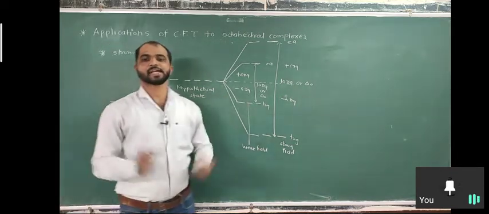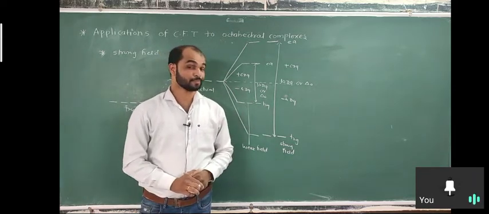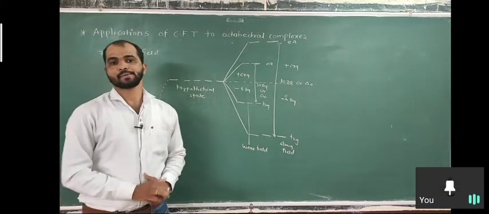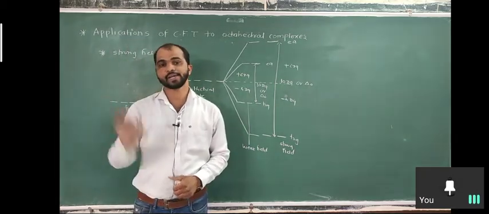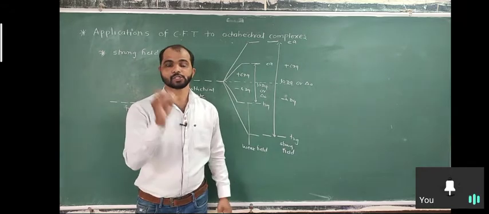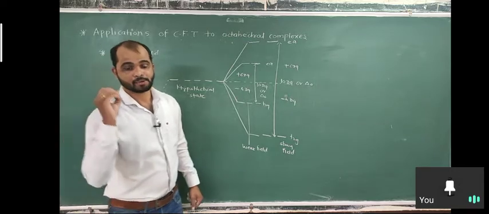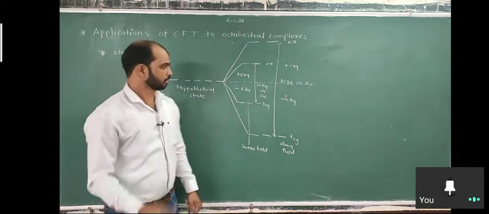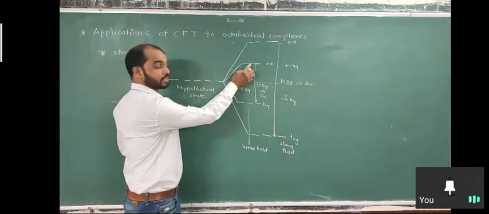So further, ligands are classified as strong field ligand and weak field ligand. This is well explained by the spectrochemical series. It is a series where ligands are arranged such that the ligand shows maximum absorption in the spectra. If you see here, there is a smaller difference, so less absorption is required.